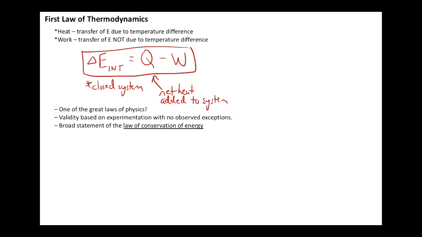And then on the other side, we have a negative W, which means this is the net work done by the system on something else. And if work is done on the system instead, that would get flipped around and become positive.